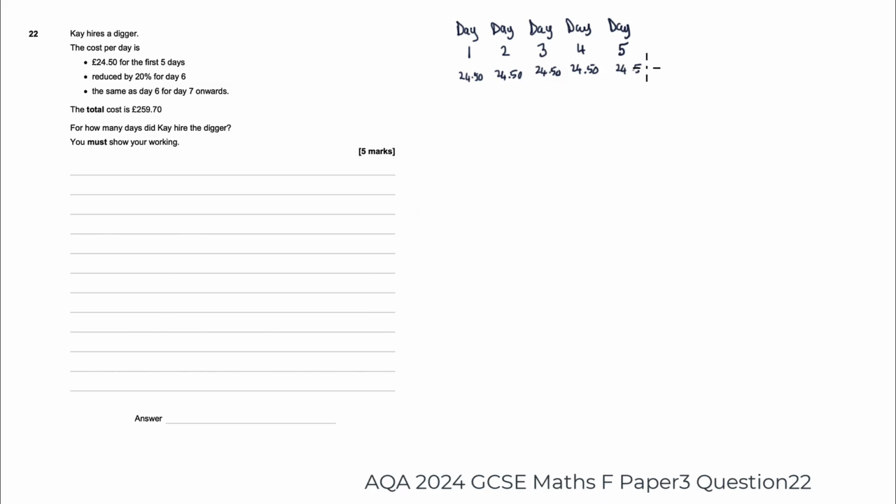Now that immediately allows us to calculate the cost of hiring that digger for these first 5 days. So the cost for these 5 days, let's bracket these, the cost for these 5 days would be 5 lots of £24.50.